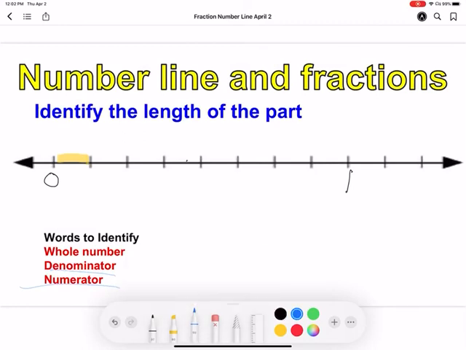Did you count? 1, 2, 3, 4, 5, 6, 7, 8. So again, same thing. My denominator is the bottom number. It's how many pieces make a whole. 8. I'm only counting one piece, so obviously enough. What's my numerator? 1. So the length of one piece is simply 1/8 of the whole.